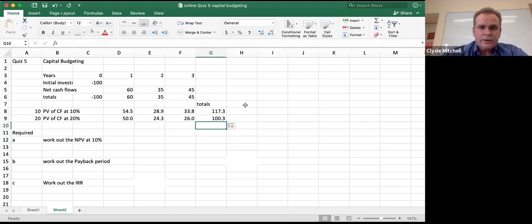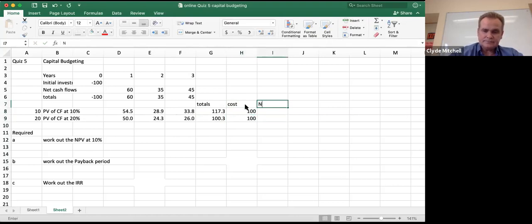So now if you were to work out the net present value, you would have to go and put in the cost of the asset or the project, which in this case was $100. And the net present value then is equal to the return minus the cost of the project.